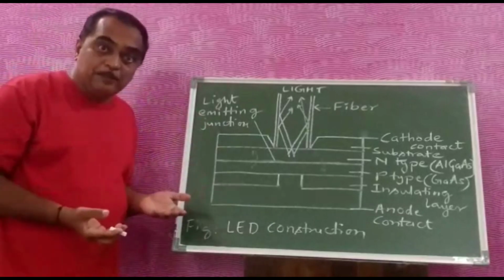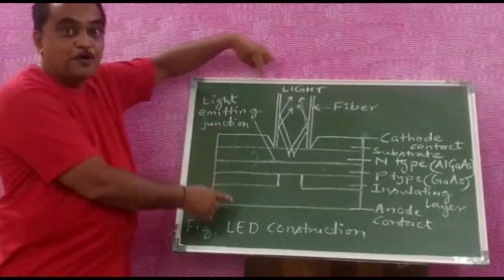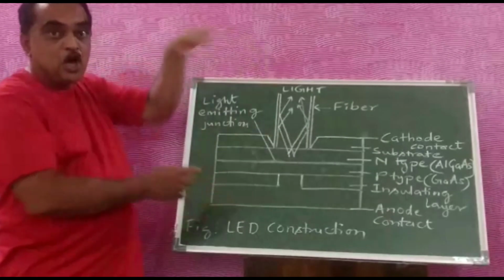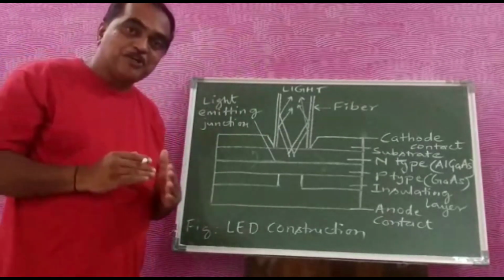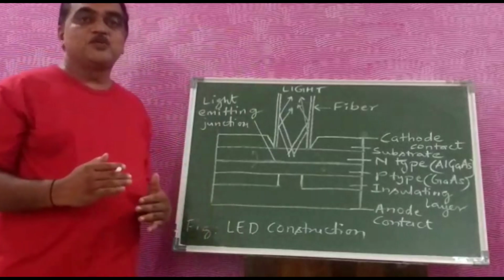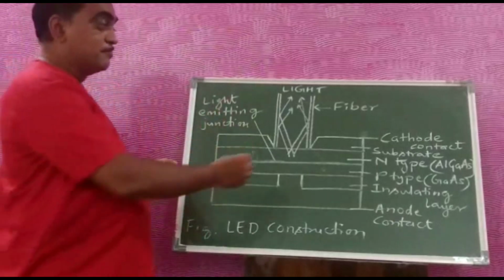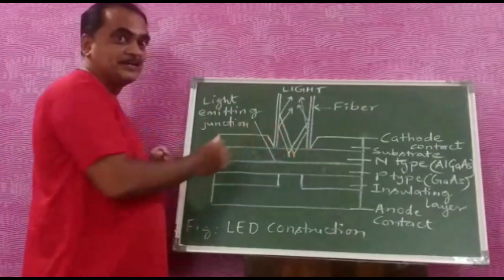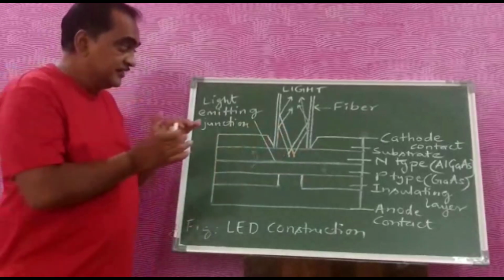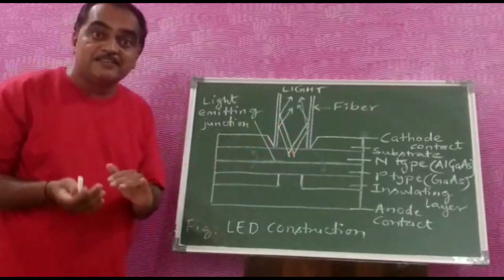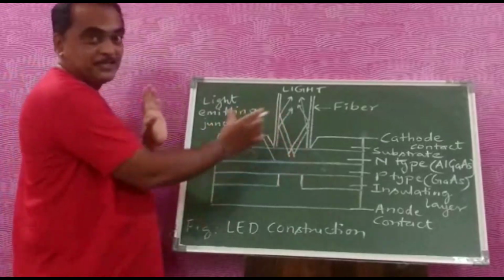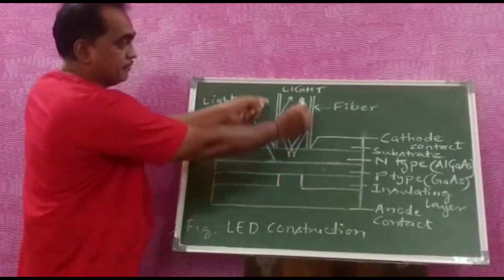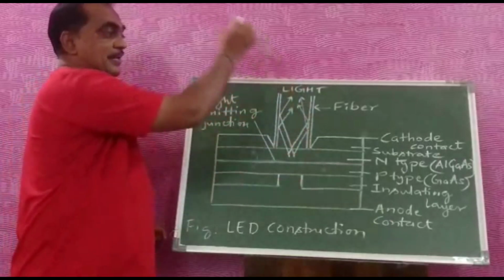Now that light depends on how you are forward biasing this structure, how much voltage you are applying, what the current flowing is. As much current flows, that much light will be emitted from this junction, from this surface area. It is a structure in which the light is emitted from the surface area of the junction, and as we can see here, we have connected a fiber, and through that fiber light is coming out.